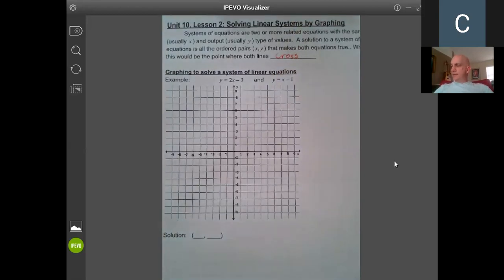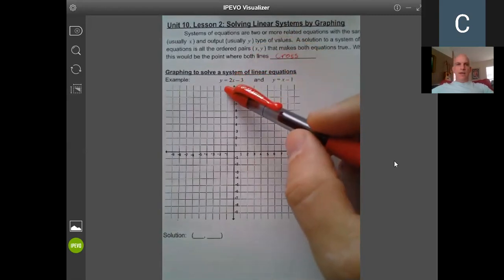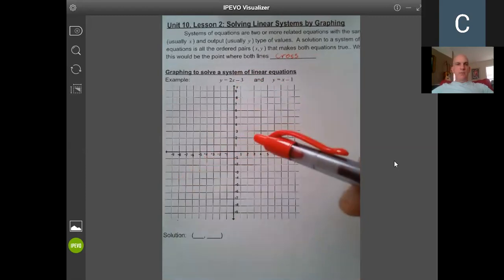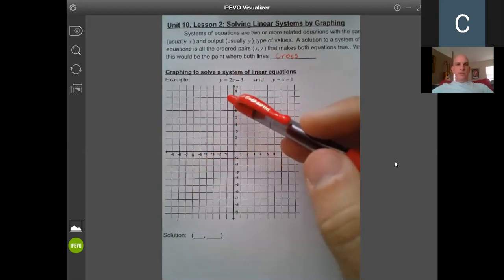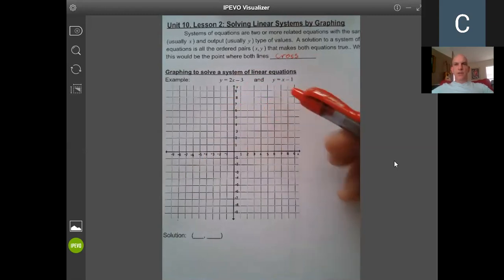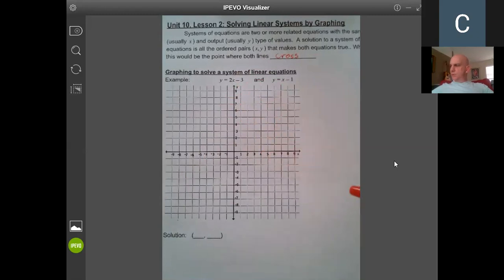That's because the line itself represents every possible point that makes that equation true. For example, every point on the line y equals 2x minus 3 would make that equation true. Same thing for y equals x minus 1. Whenever we graph that, every point on that line would make that equation true.